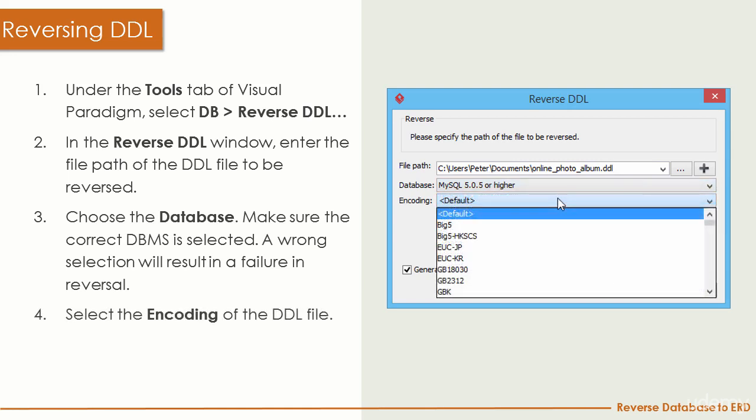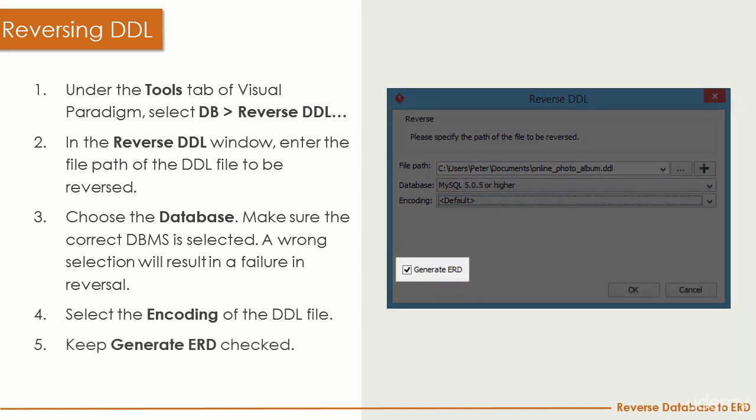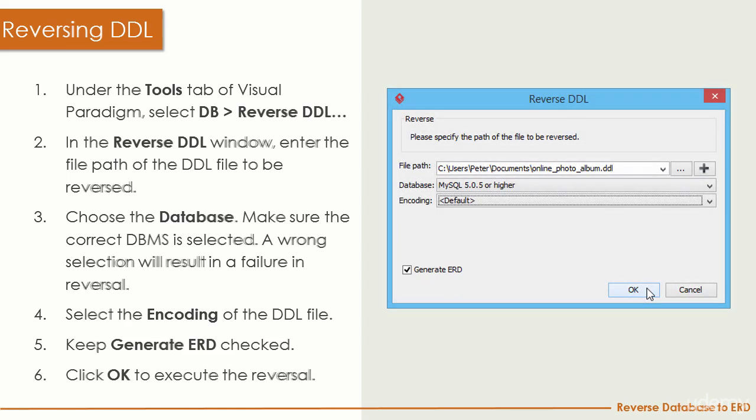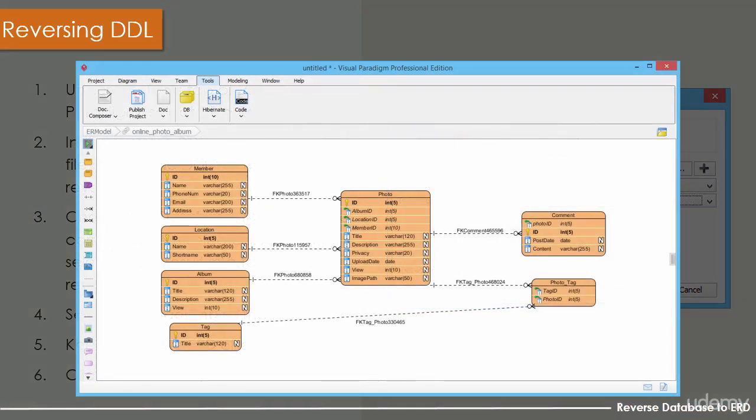Basically, it's UTF-8, but you may have a special setting. Then keep the generate ERD option checked, and then click OK, and we will reverse the entities into the ERD for you. So it's easy and straightforward.